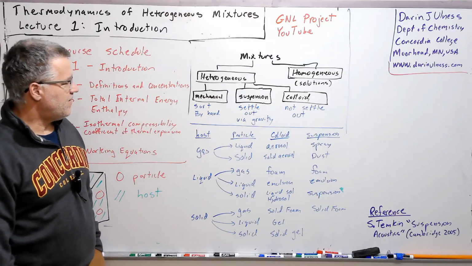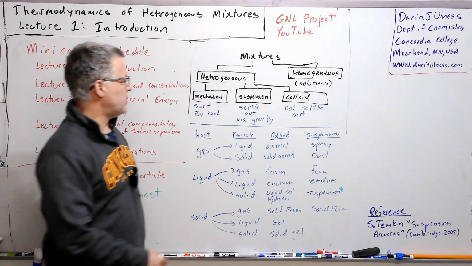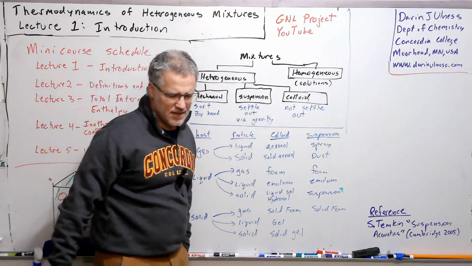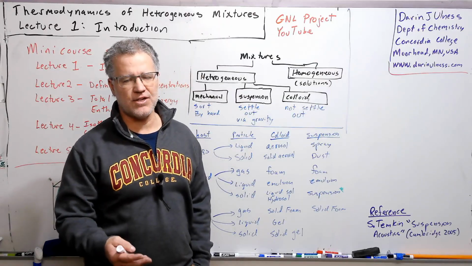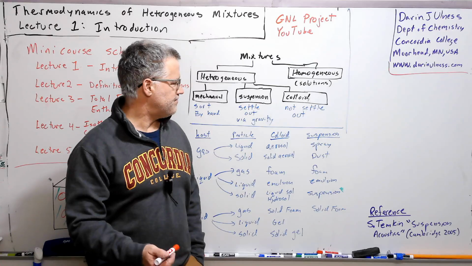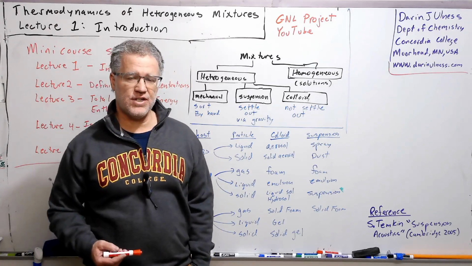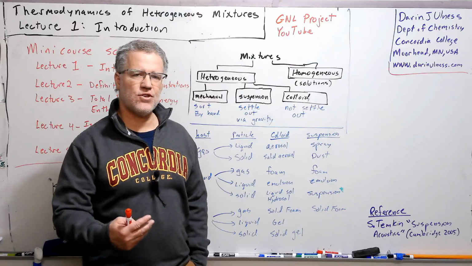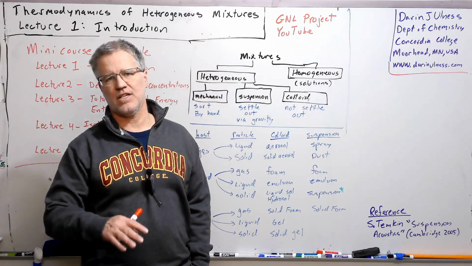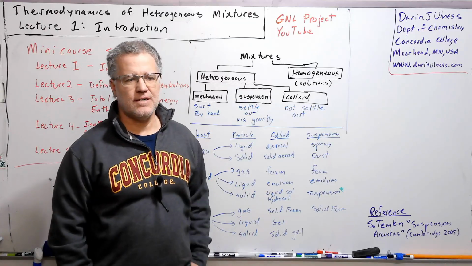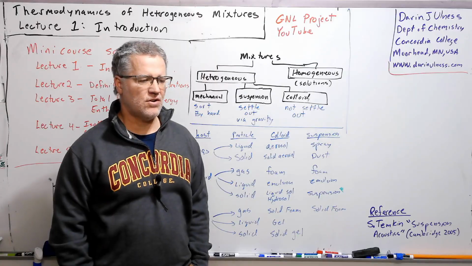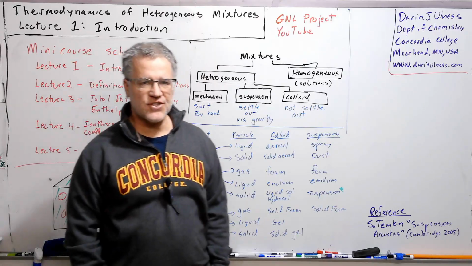Now, we are going to primarily in the back of our minds be thinking about suspensions. Not so much that what we're doing doesn't apply to colloids as well, or even mechanical heterogeneous mixtures. But colloids bring with them so much additional stuff that we're not going to be talking about here. You get a lot more into the criticality of the colloids and the surface charge and that sort of thing.